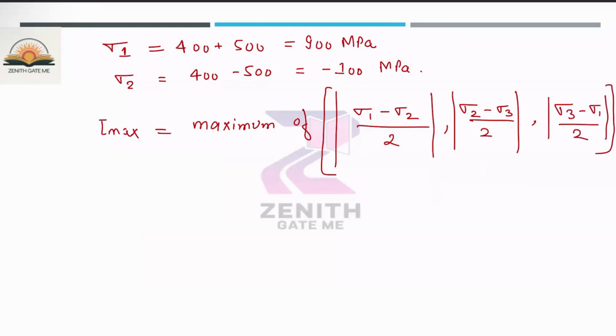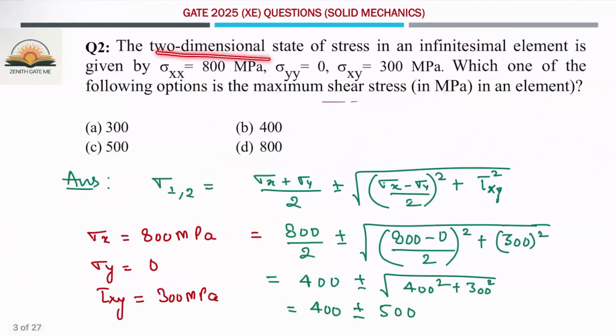Whatever the maximum value out of these three terms, that will be the answer. But first of all, what is the sigma 3 value? It is a biaxial state of stress, that means the sigma 3 value will be 0, because it is already mentioned: two-dimensional state of stress means the sigma 3 value will be 0.